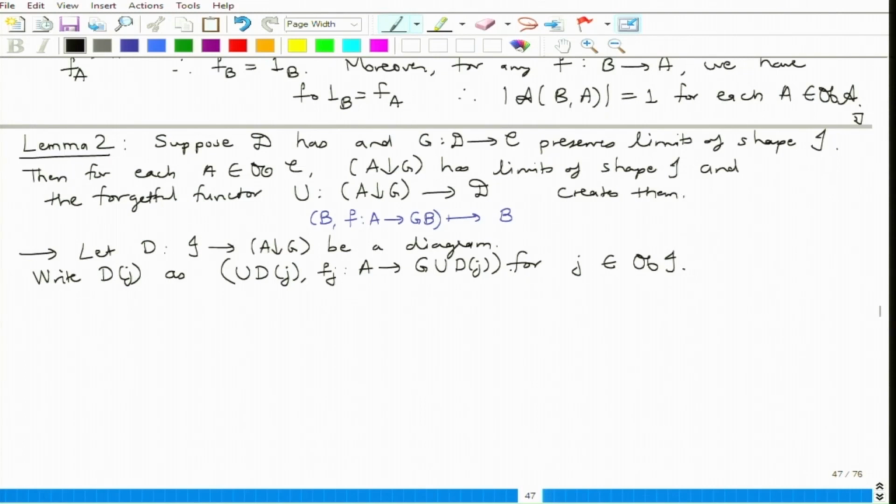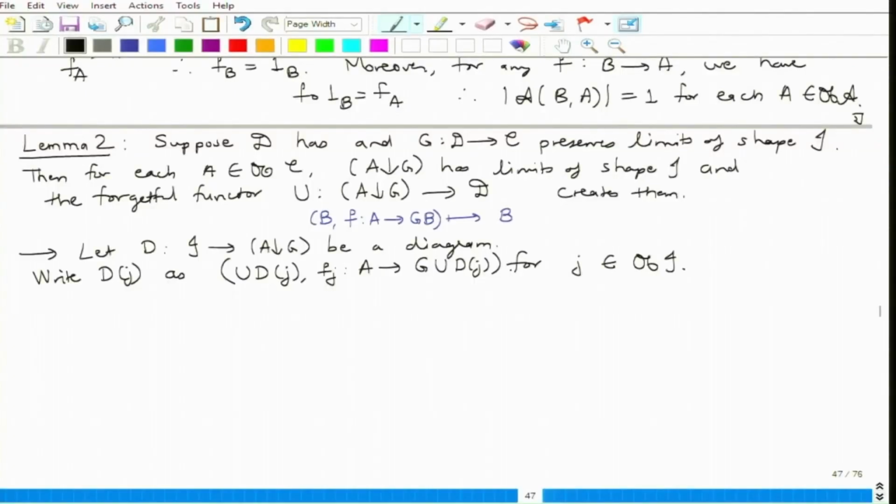We are not yet talking about the morphisms, these are just objects. So here there is a beautiful connection between cones in category D and morphisms in the arrow category. You will see that interplay over here.